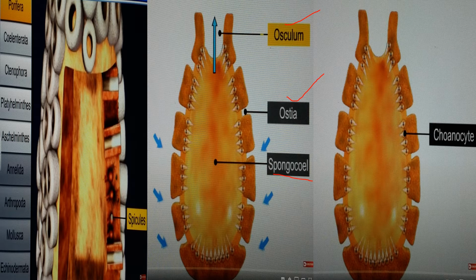The spongocoel and the canals are lined with special cells called choanocytes, or we can call them collar cells, that help in the ingestion of food particles followed by intracellular digestion. Sponges are hermaphrodite.